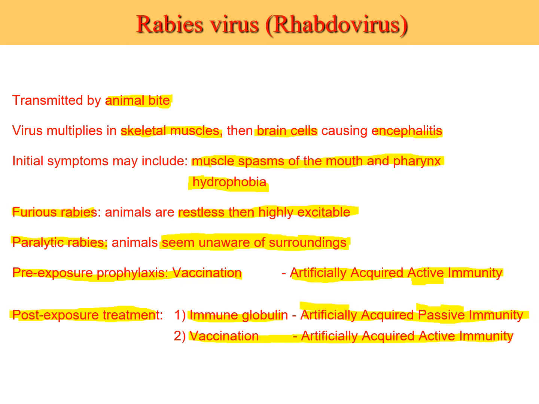It's not your immune response that is providing the antibody, but you're artificially and passively receiving antibody. So you have both immune globulin and vaccination for treatment of rabies if you get exposed to a rabid animal. Highly infectious, actually, and serious, rapidly progressing.